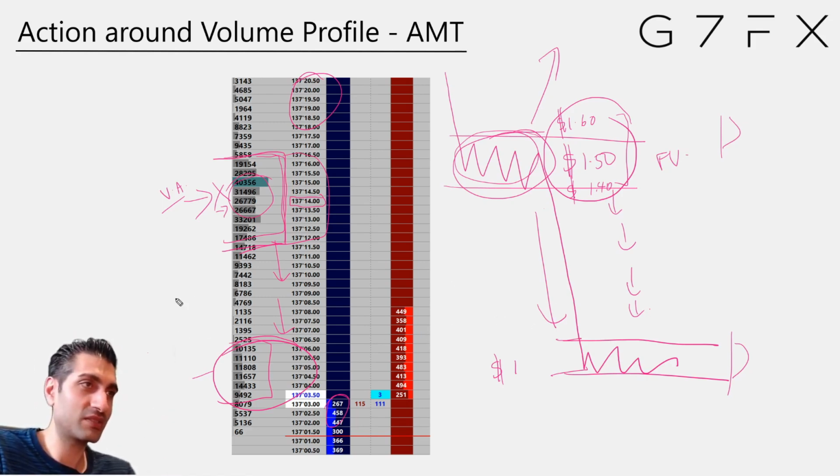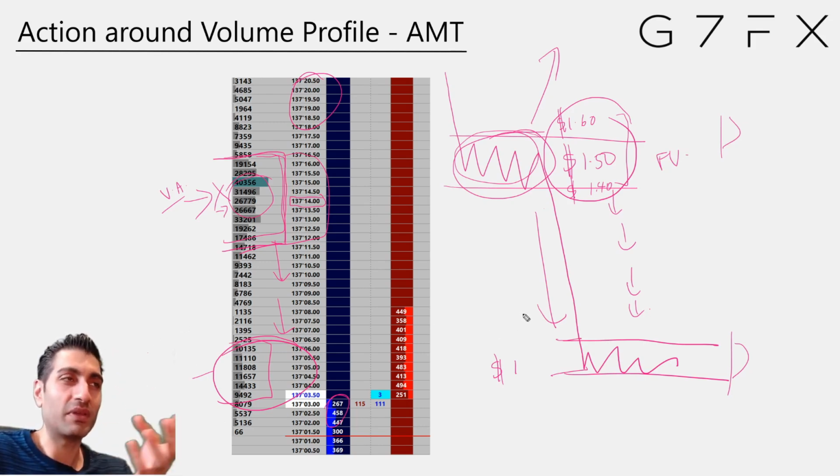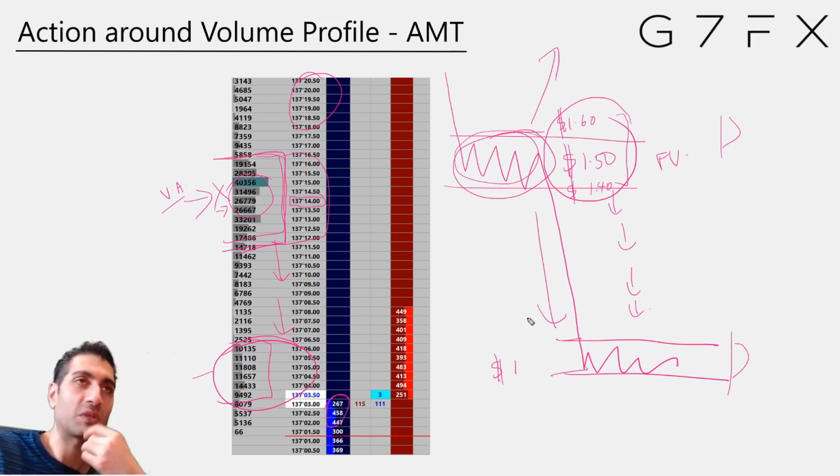So ignore that. It was just for those familiar with economics, but it's not important at all. As long as you understand this very basic concept: the market has shown us that it's traded in this area and I'm looking for it to move down.